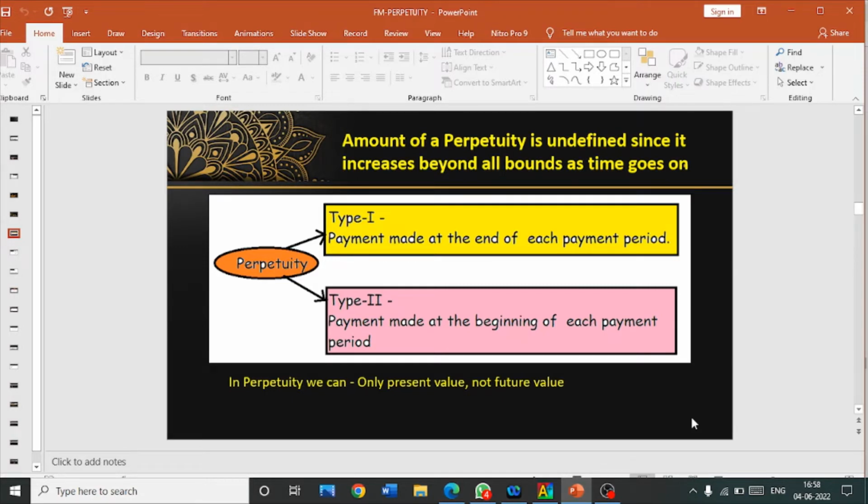For perpetuity, we will continue only with the present value, because the present value is what gives you this much installment or payment after your depositing time. For example, I am depositing 5 lakh rupees. After 10 years, or after my retirement, I will be getting 5,000 rupees monthly till the end of my life.